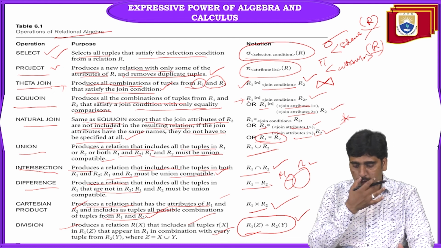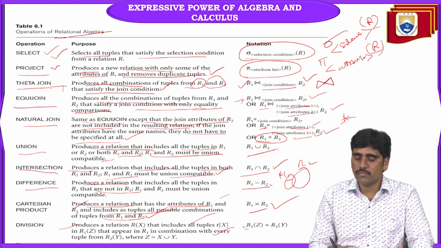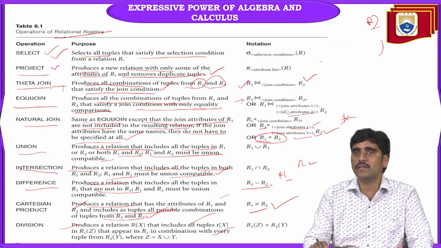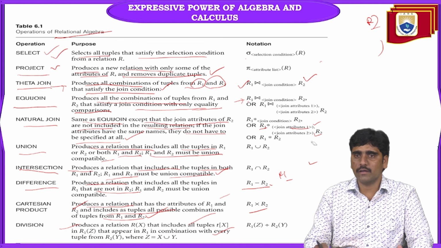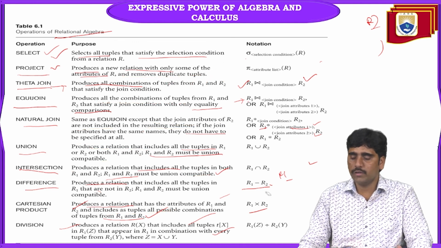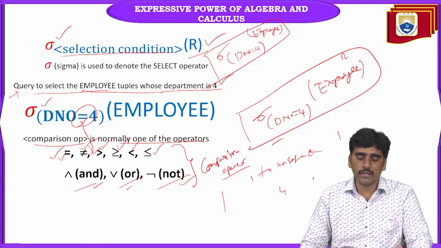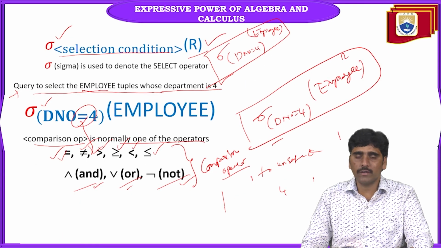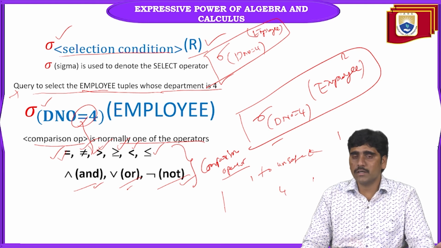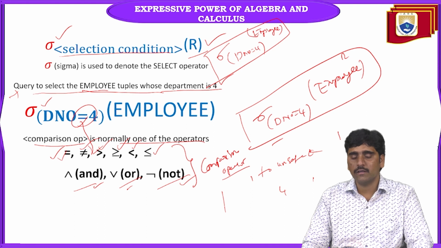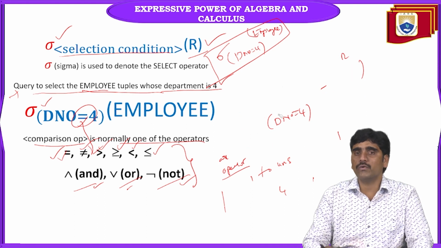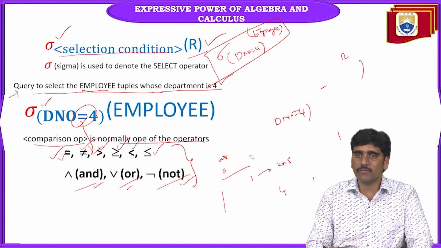Here we can see the different symbols for each and every relational algebraic operator. After learning all these operator symbols and their purposes, we have to understand that every query can have different operators like selection, projection, renaming, set operators or join operators, right? Based on those operators and the query scenario, we have to build the query.